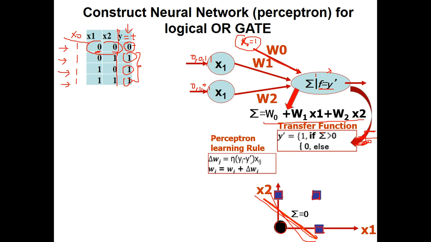And we are going to apply the learning rule as perceptron learning rule. In perceptron learning rule, we shall just take the difference of the actual output y and observed output y dash, y minus y dash, and this will be multiplied to the particular input xi.